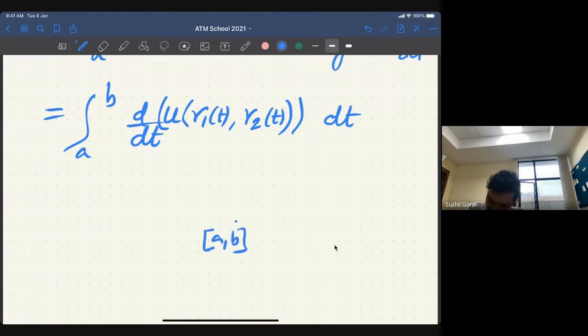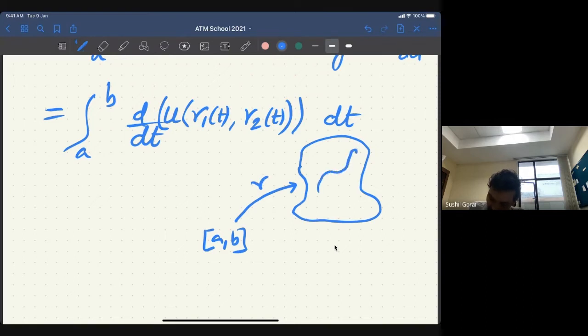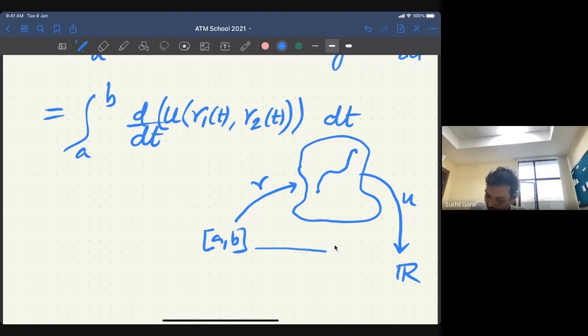Look at this picture. Here you have omega. This is gamma, the curve, and u was a function from here to R. All right. So you are looking at this composition, right? You compose with gamma.